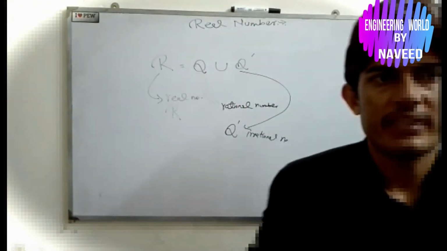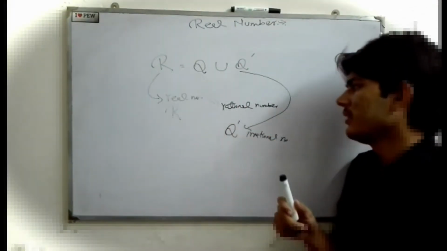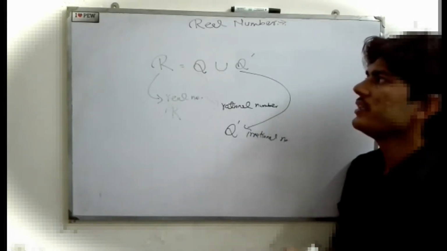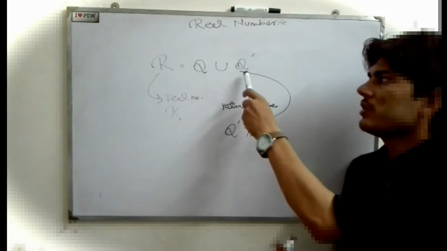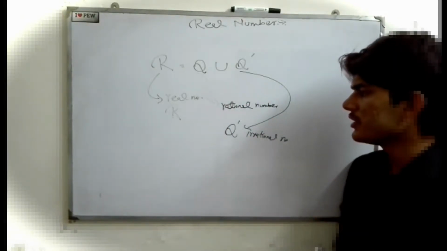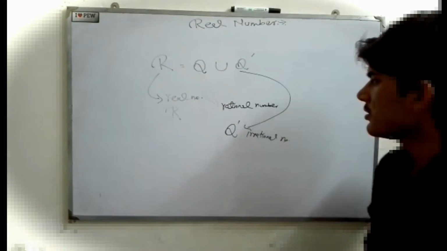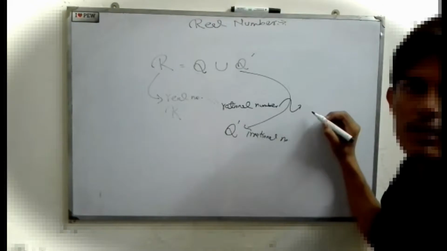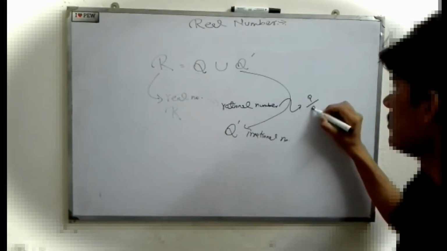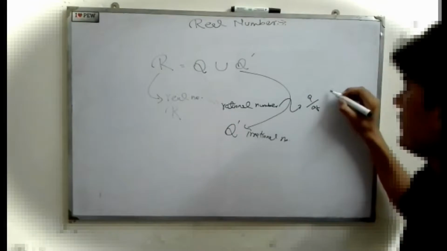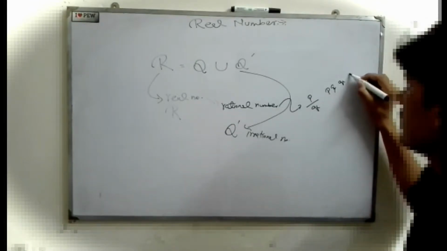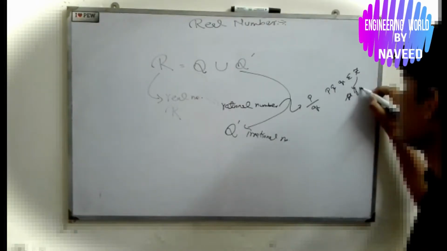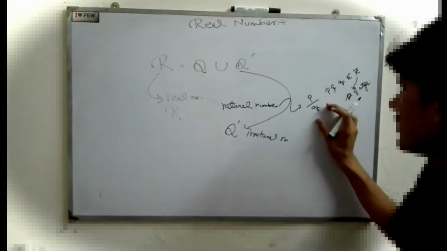One question that may come to your mind is what is meant by rational and irrational numbers. Up till now I know that the real number is just the union of rational and irrational numbers. So a rational number may be defined as any number which is in the form of P by Q, where P and Q are elements of Z, the set of integers.